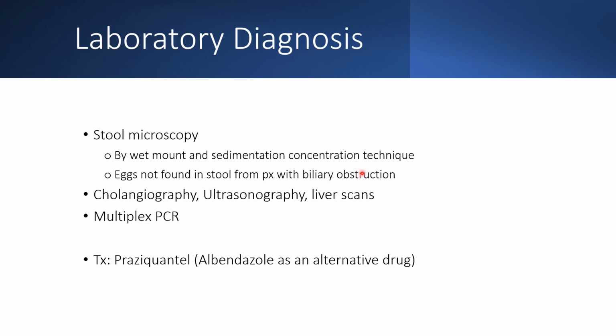So, laboratory diagnosis: stool microscopy by wet mount and sedimentation concentration technique. Eggs may not be found in stool from patients with biliary obstruction. Also, liver lesions and the presence of tumor can be visualized by performing cholangiography, ultrasonography, and liver CT scans.